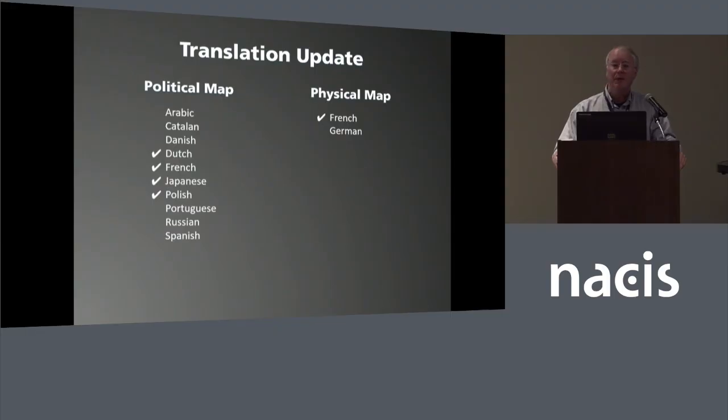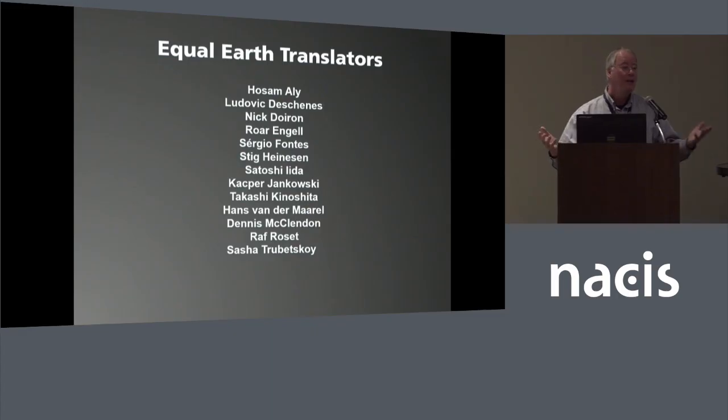A couple people in the room here, Dennis and Hans, are engaged in the translating work. Most of the people that helped out are just people who contacted me through Twitter or the website, just through cyberspace. These are all the translators. Big shout out to them. It's a big job translating more than 2,600 labels. It's not something to be undertaken lightly.